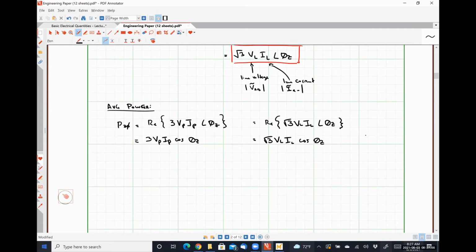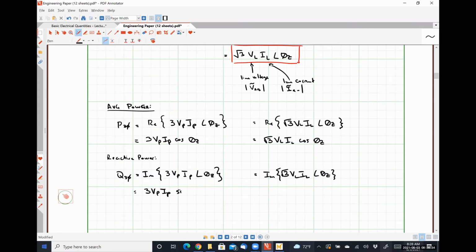So our reactive power Q three-phase is going to be the imaginary part of 3 VP IP angle theta Z, or the imaginary part of root 3 VL IL angle theta Z, which would be 3 VP IP sine theta Z, or root 3 VL IL sine theta Z.